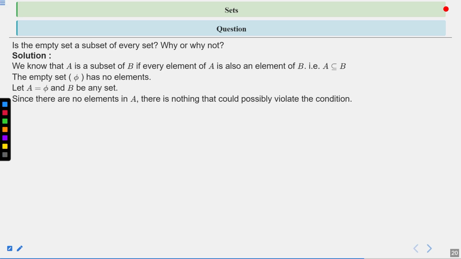Since there are no elements in A, there is nothing that could possibly violate the condition. There doesn't exist any element which is going to violate the subset definition. So we agree to say that the empty set is a subset of every set. Simple. Clear?